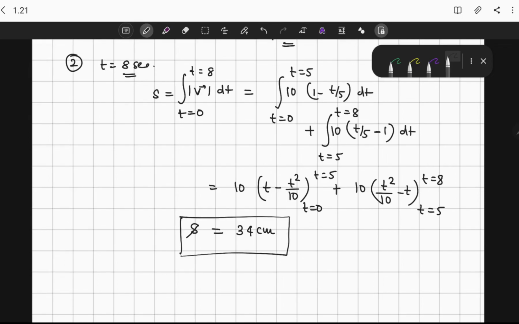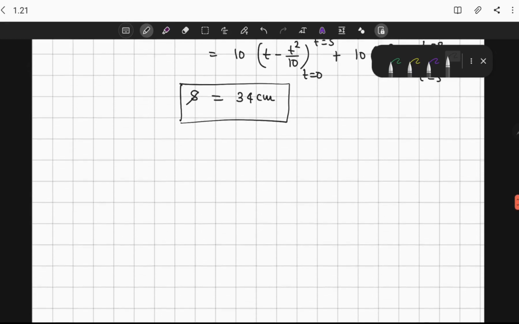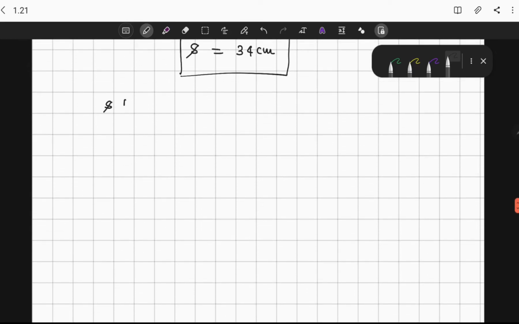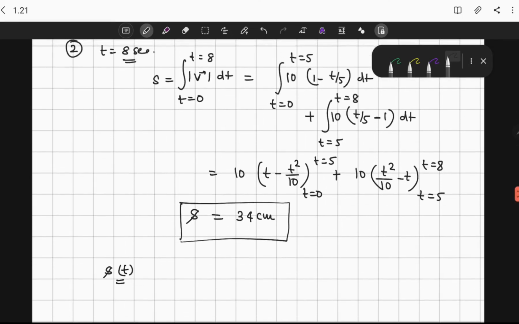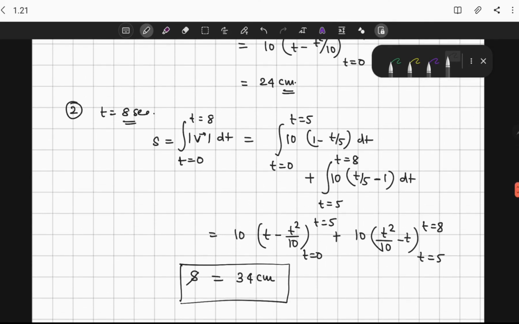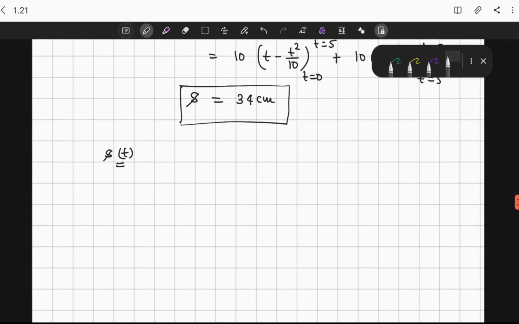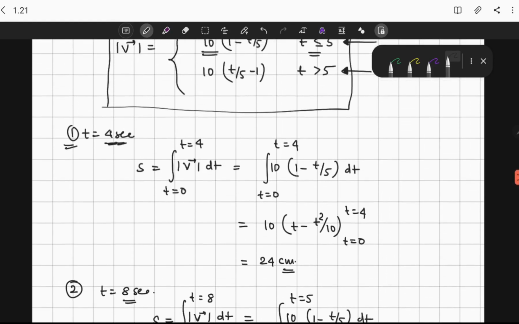Now it is asked to find the plot for st, which is the displacement as a function of time. Now we know that till t equal to 5 seconds, the distance and the displacement will be the same. So let us say for t less than 5 seconds, we can write st as the expression of the position or the displacement, that is equal to how much?